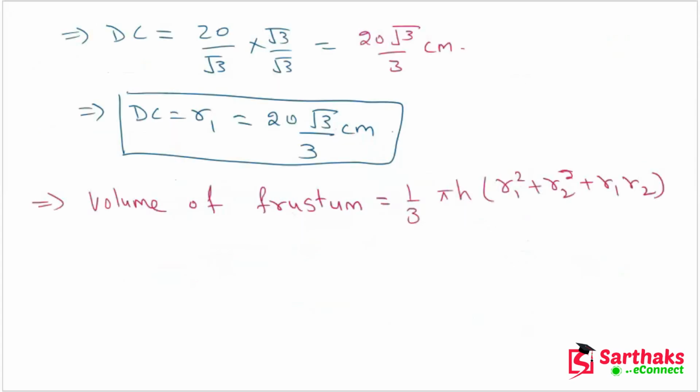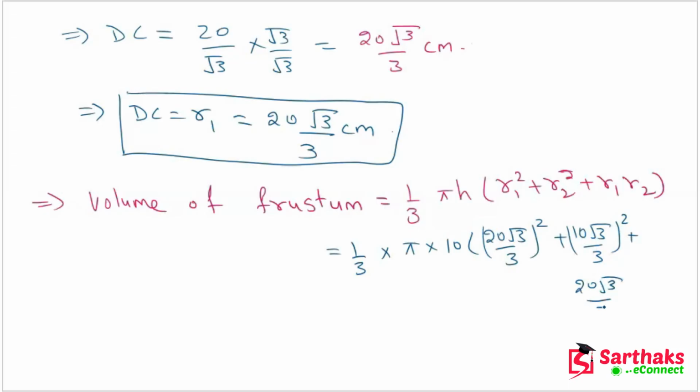So now here we can write it as 1 upon 3 into pi into height 10, and here is (20 root 3 upon 3) square plus (10 root 3 upon 3) square plus 20 root 3 upon 3 into 10 root 3 upon 3.